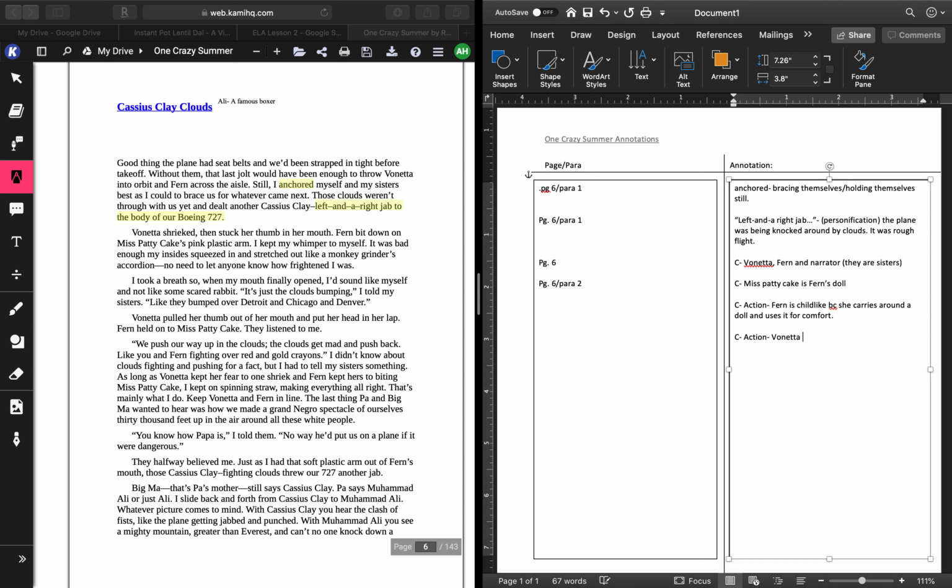Vonetta sticks her thumb in her mouth, suggesting she may be young or childlike. So you see, we're kind of charting these actions that we find as we read, and we're going to put them all together to make an assumption about what these characters are like, right? And we're going to continue to do this throughout our story.